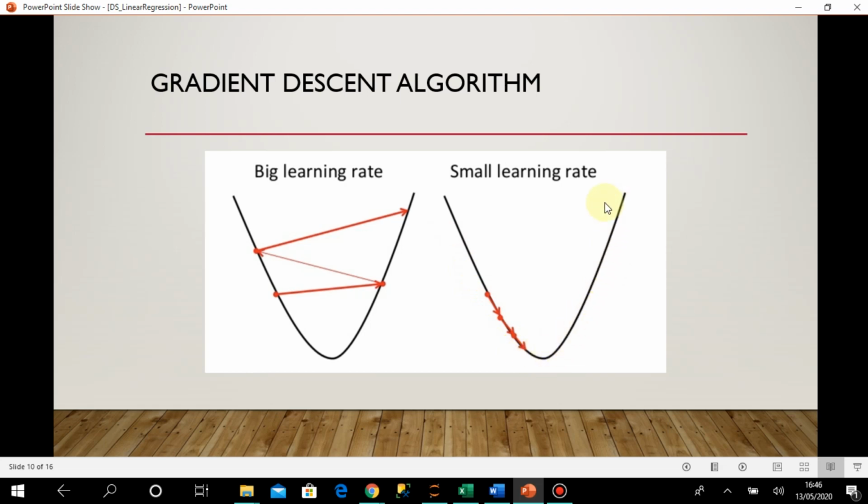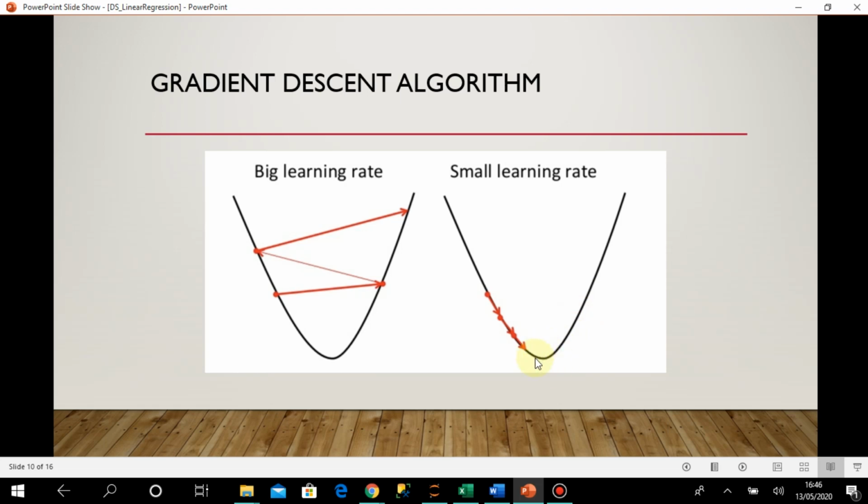Suppose I am here. This point is called the minima. This is the global minima. If you compare with a kind of mountain, suppose these are the two peak points and this is the lowest region of the mountain.